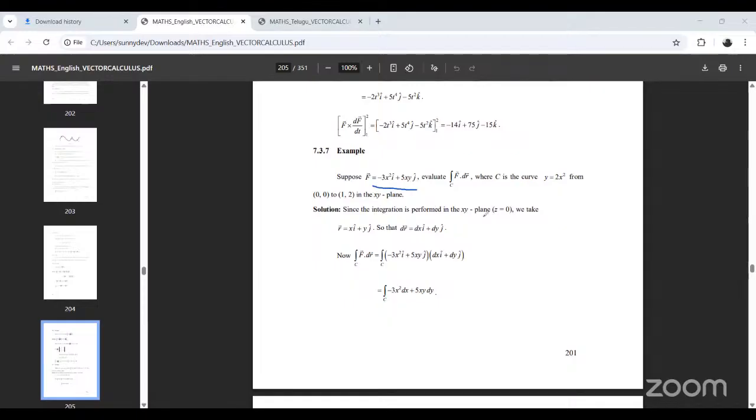Here you should remember one thing. r equal to xi plus yj plus zk.